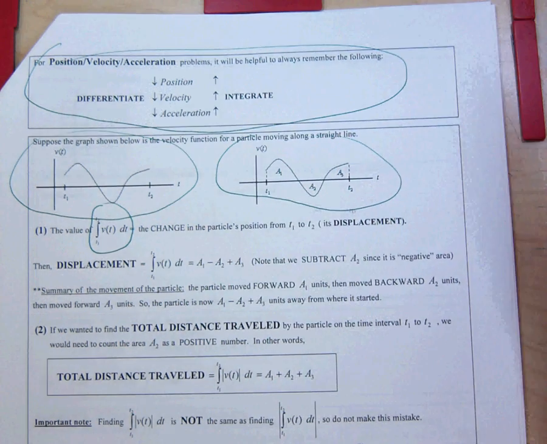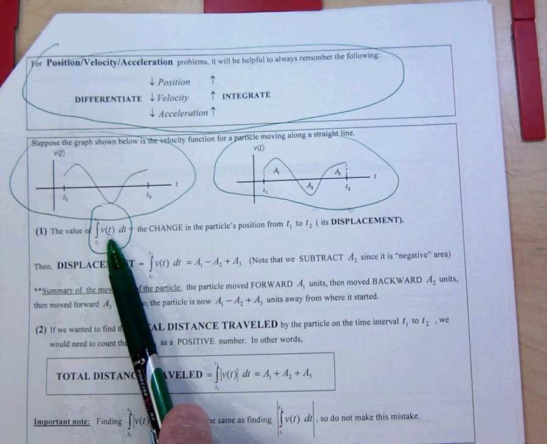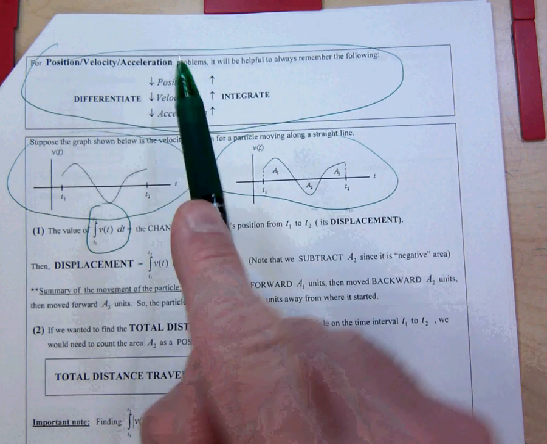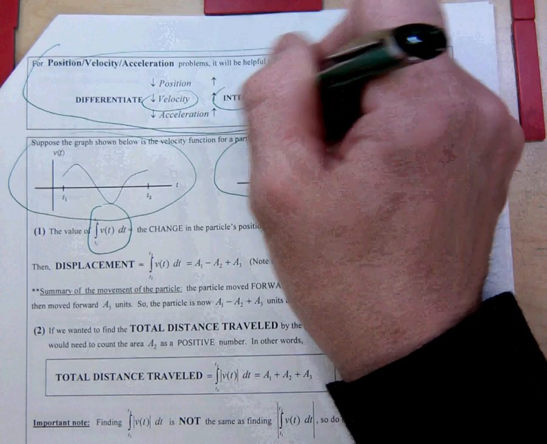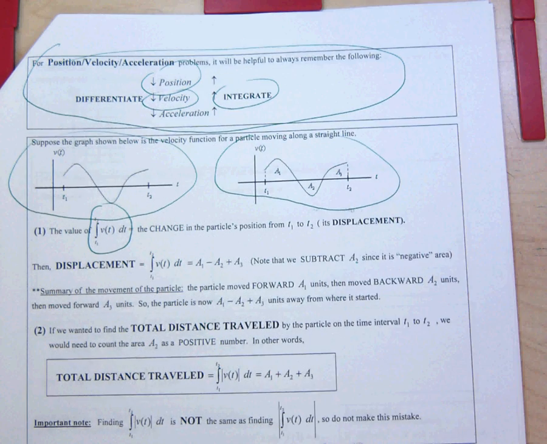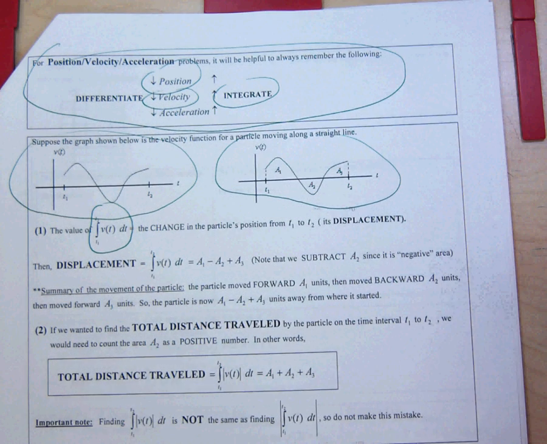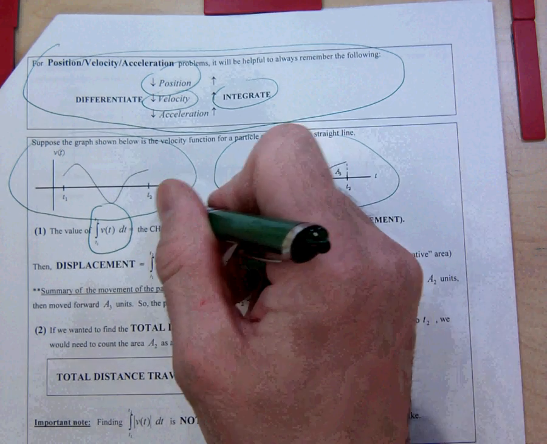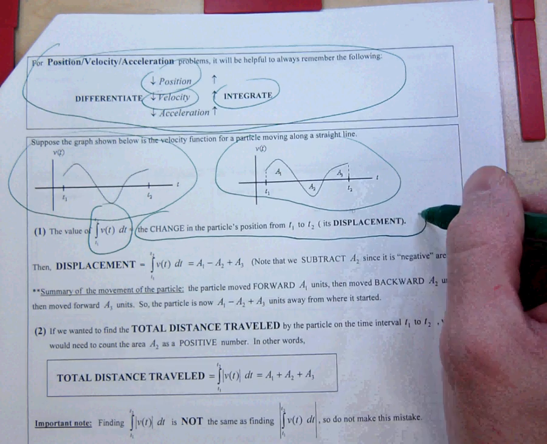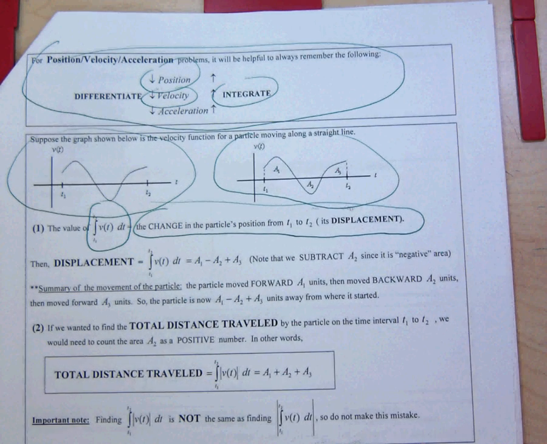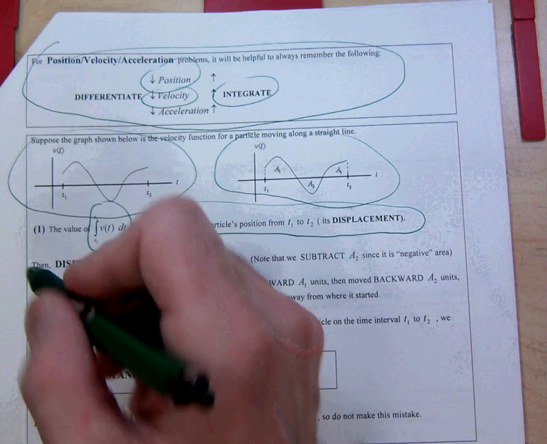If you integrate the velocity, what are you supposed to get? Position, right? And specifically, once you plug in the upper limit and subtract what you plug in the lower limit, that gives you the change in the position, which is called the displacement.